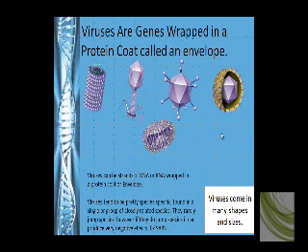Viruses are pretty species specific. For instance, we don't generally get infected by viruses from fish or plants or reptiles. Most of the viruses that jump species into us come from other mammals.